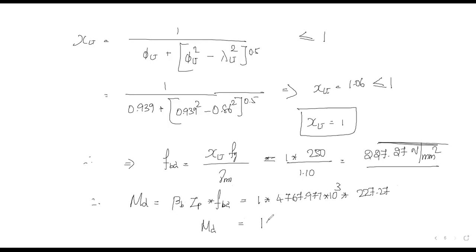The design strength I get is 1083.62 kilonewton meter, which is greater than our moment due to vertical loads, that is 676.16 kilonewton meter.